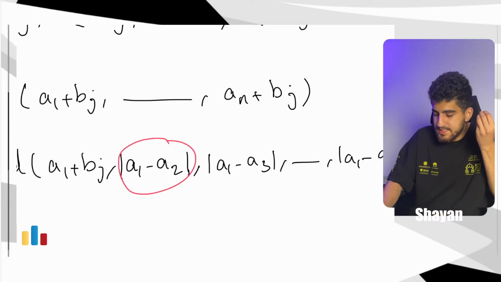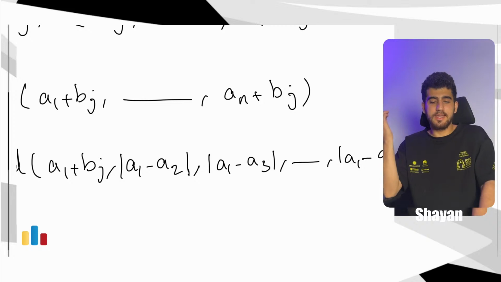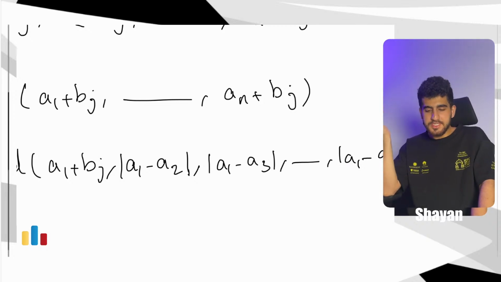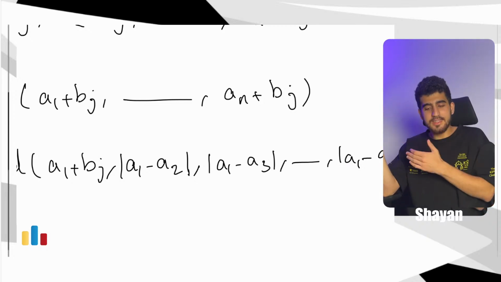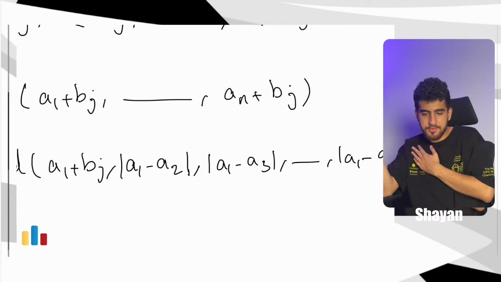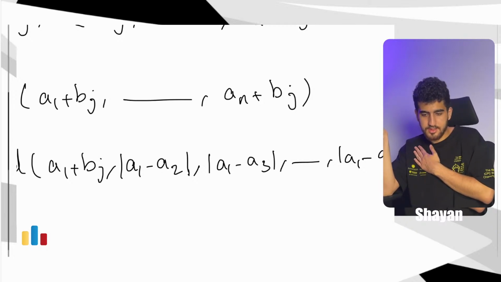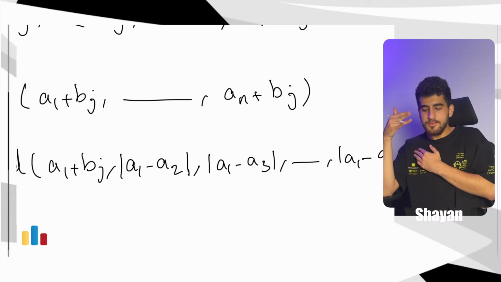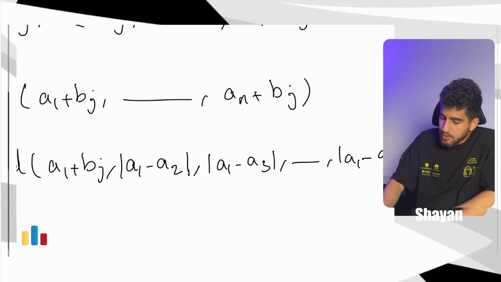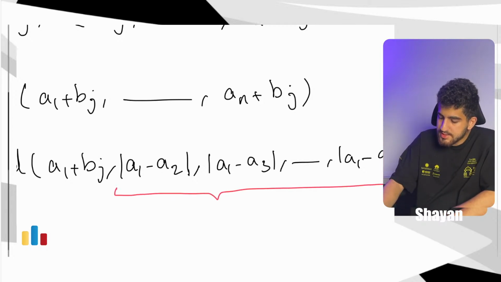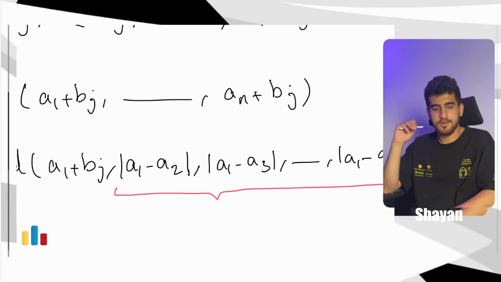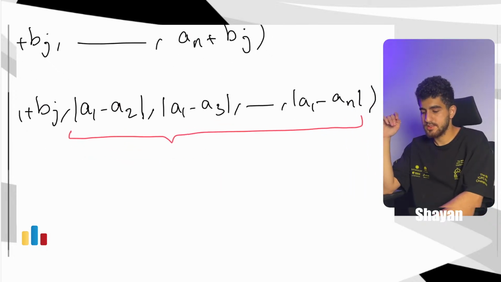If you consider these differences, they will always remain the same, whatever your bj is. Adding a constant number will not change anything. So the point is that these parts can be pre-calculated for all the queries.